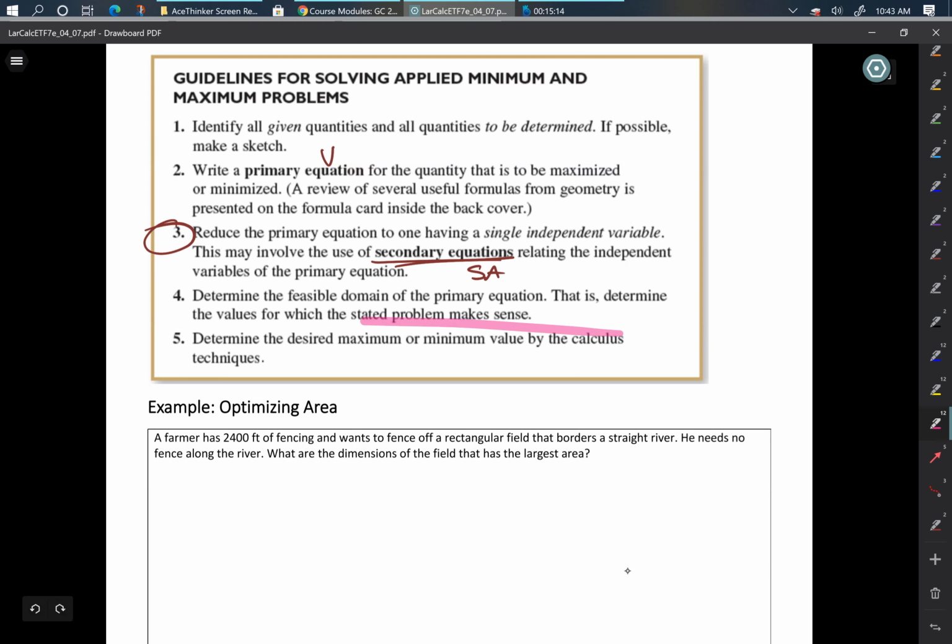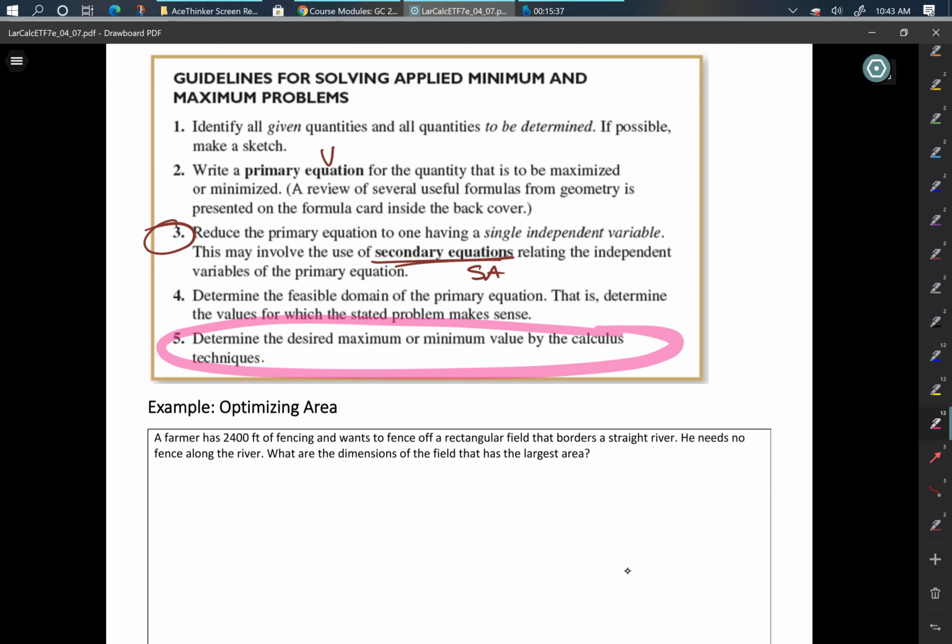And then determine the desired maximum or minimum value by calculus techniques. Basically what they're saying there is either use the first derivative test or the second derivative test to find that max or that min. So critical numbers, testing intervals, seeing if it goes up and down to find a max or down and up to find a min. Right? That's what we did.